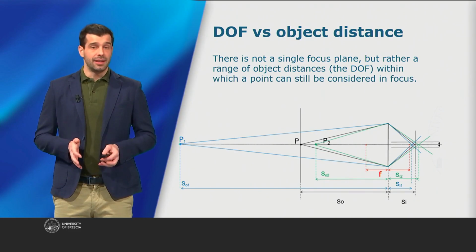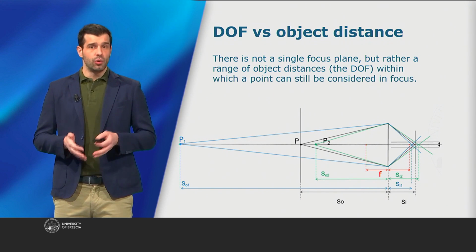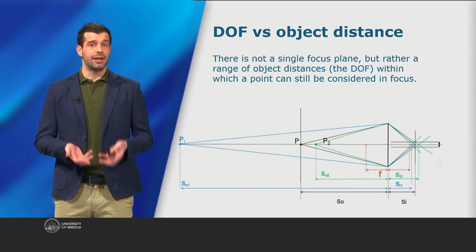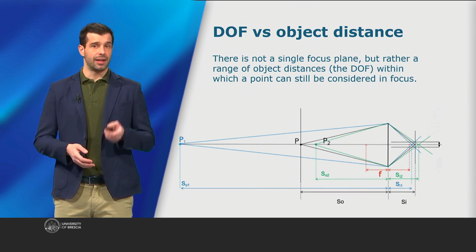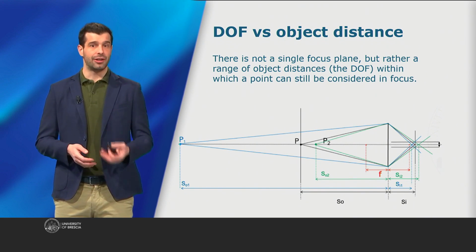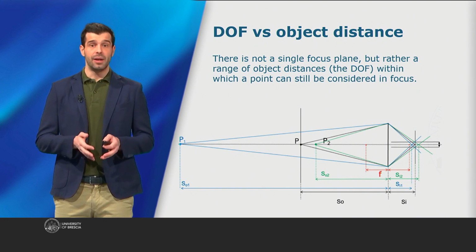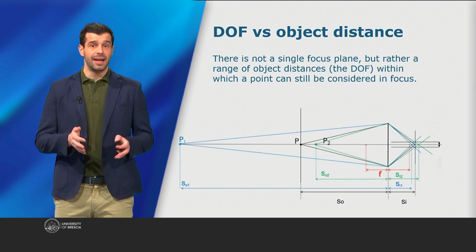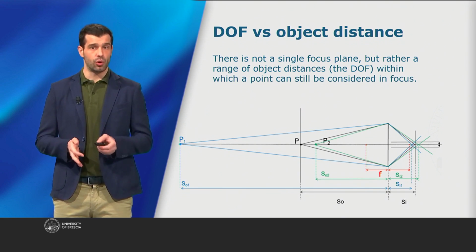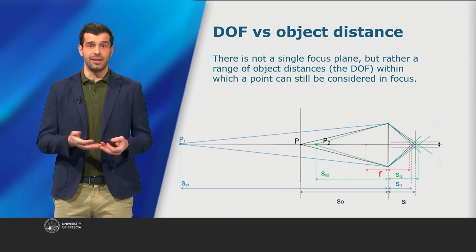To sum up, considering the circle of confusion, P, P1, and P2 all focus at a distance equal to SI. This means that in the object plane, there isn't a single point that focuses at a distance SI, but there is a range of distances, the depth of field, in fact, such that any point within this range will always focus at a distance SI.